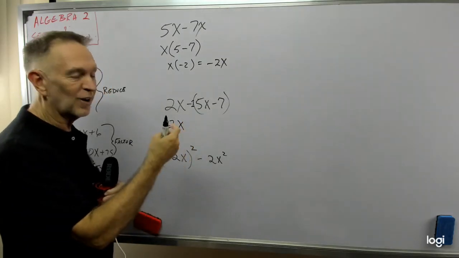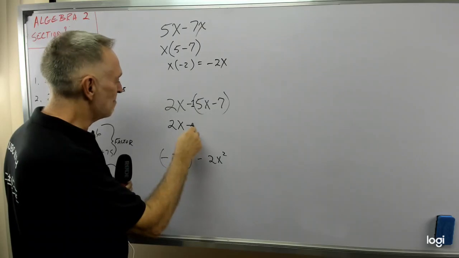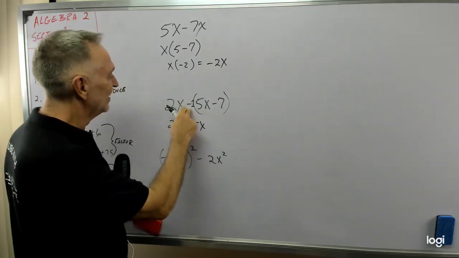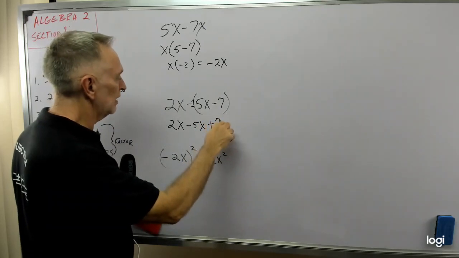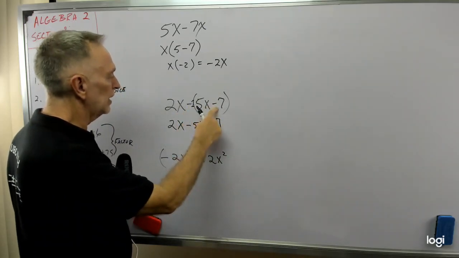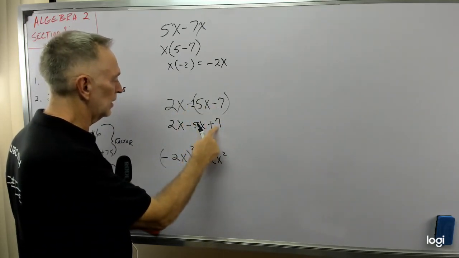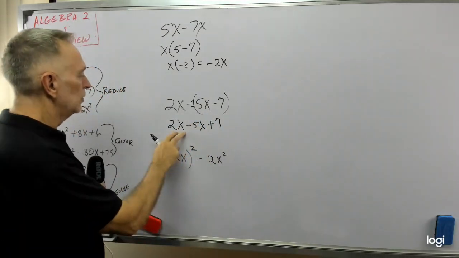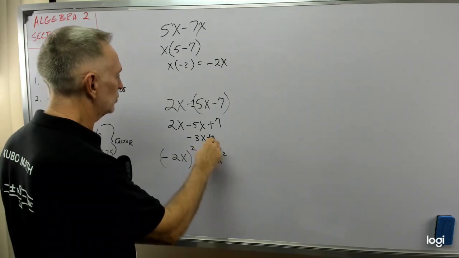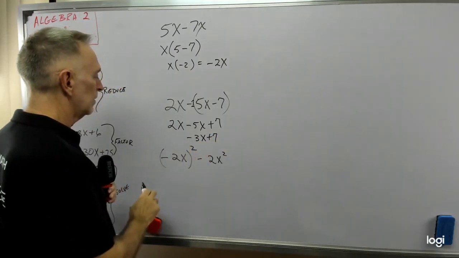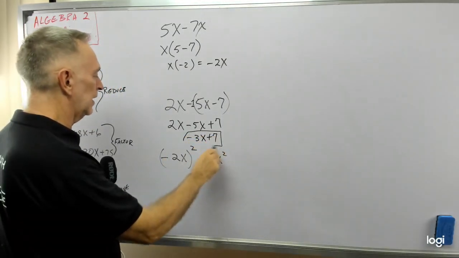So minus 5x. And then a negative times a negative is positive 7. So negative 1 times a negative 7 is a positive 7. So now 2x minus 5x would be negative 3x plus 7. Okay, so that's our answer here.